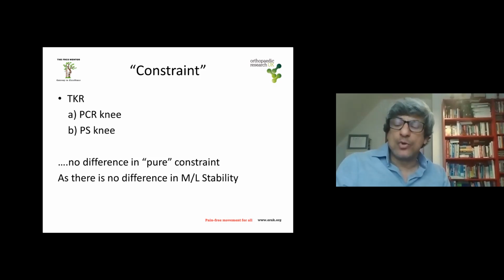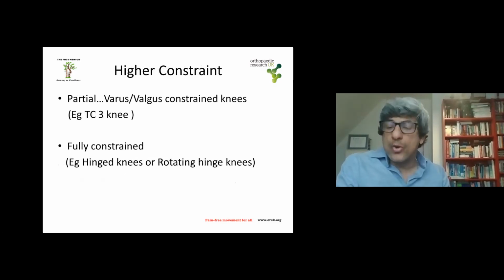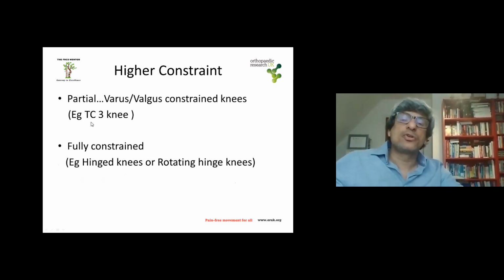And then we move on to how we go up in the degrees of constraint. So from a normal knee, we go to higher constraint. The first higher constraint we come to, and please use this word correctly, try not to use a brand name, say that I would like to use a partial varus valgus constrained knee.